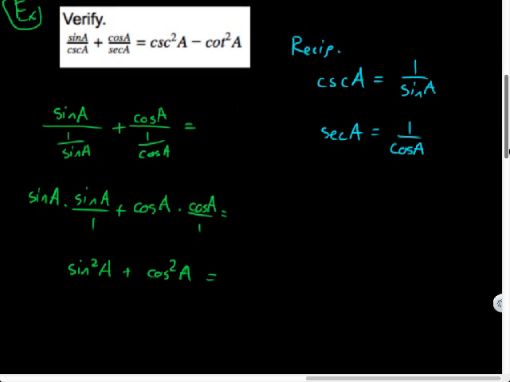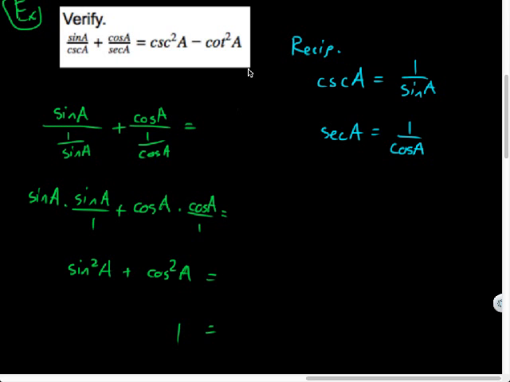Sine squared A plus cos squared A. That should be familiar. That's just straight up Pythagorean. That's equal to 1. Okay, I think I've simplified this left-hand side pretty well. Let's see if I can simplify the right-hand side.